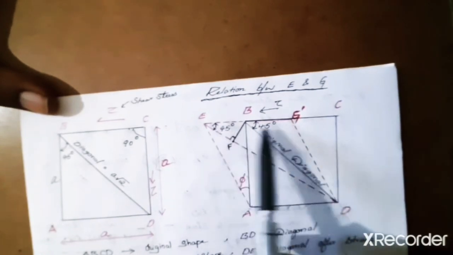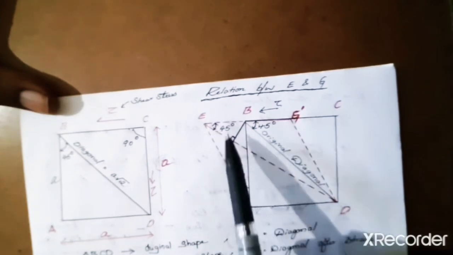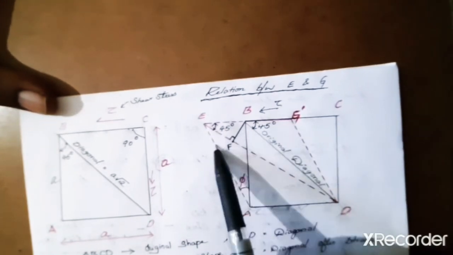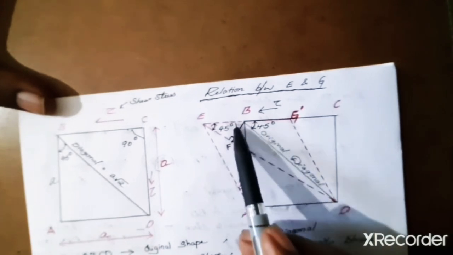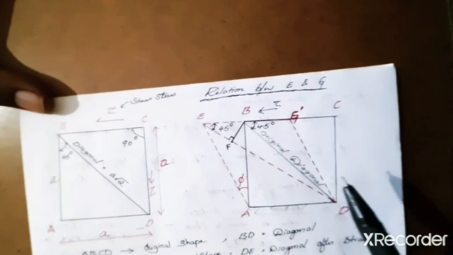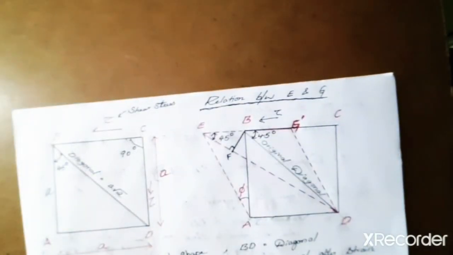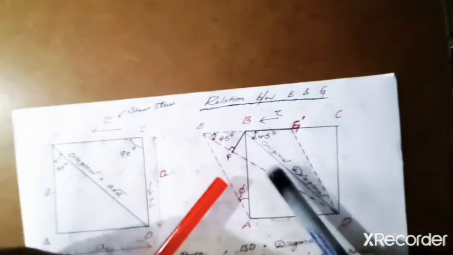Now, the angle between the two sides EG and EA, will that be 90 degrees? This angle? No, it won't be, because it is deformed. The sides are deformed, just like this, for example. Let me take this.